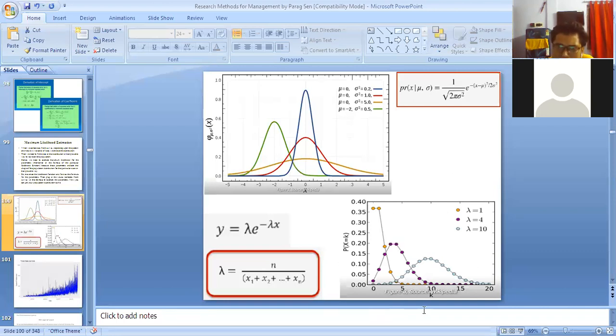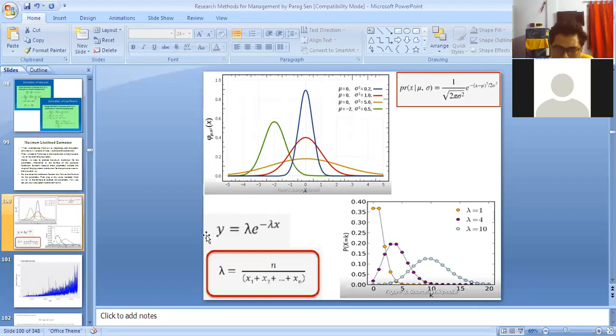And that's why you need to find out the value of the shape parameter. What lambda value I will find, that you need to determine, or what mu or sigma value for a normal distribution. So how can you do that? Suppose this is the likelihood function for the exponential distribution.